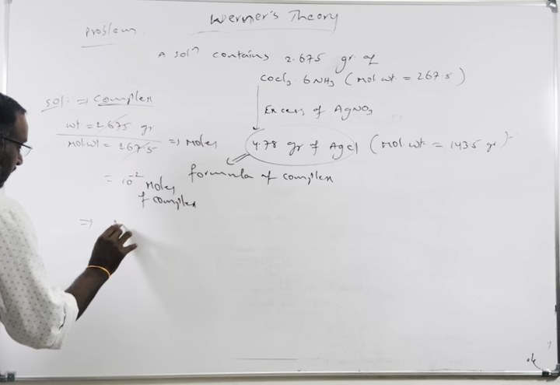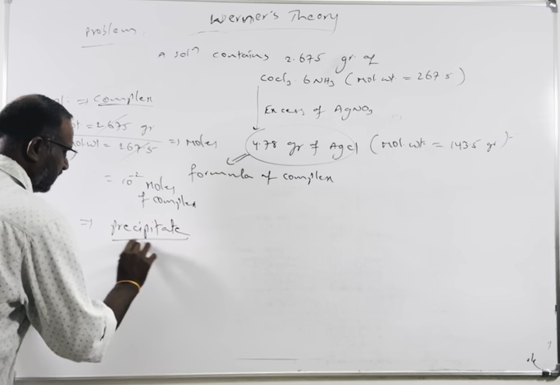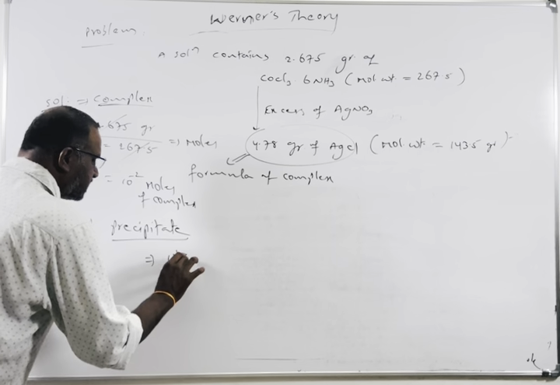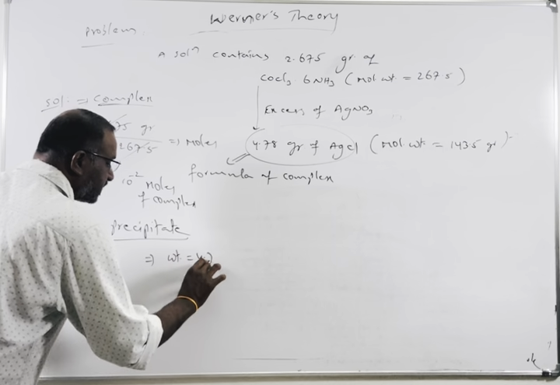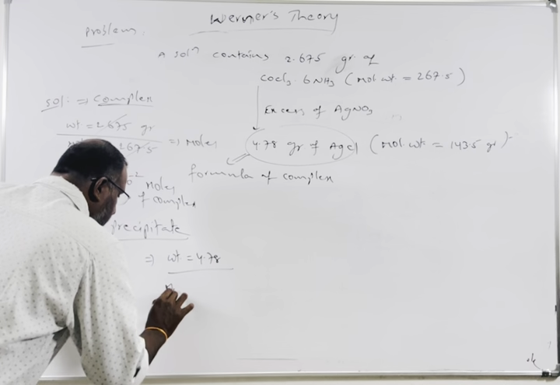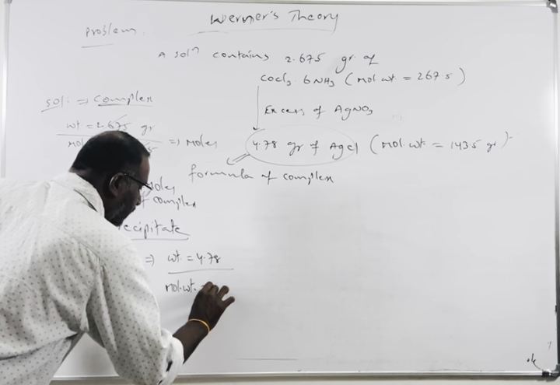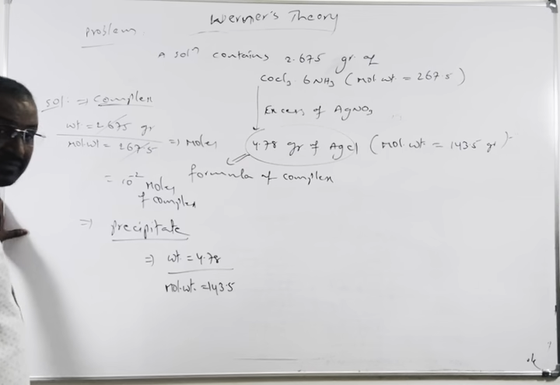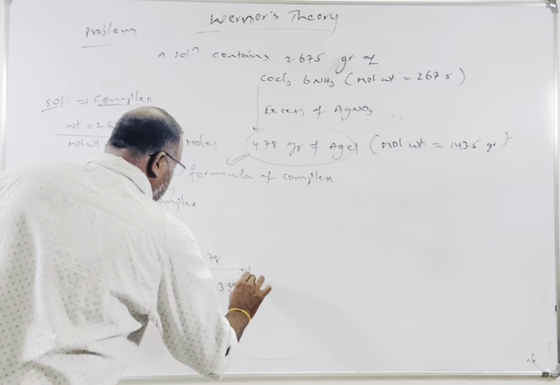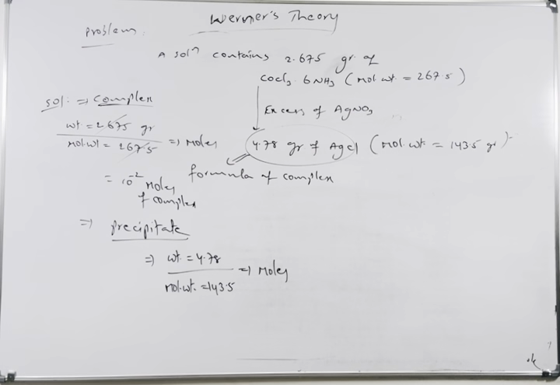Second one, I am taking the precipitate. I am calculating the moles of precipitate. Here also he has given the weight as 4.78. If I divide that with the molecular weight, which is 143.5, we will get moles.